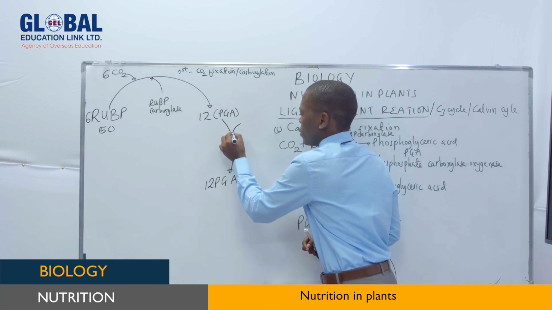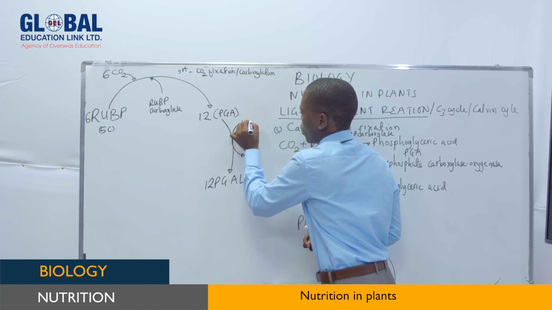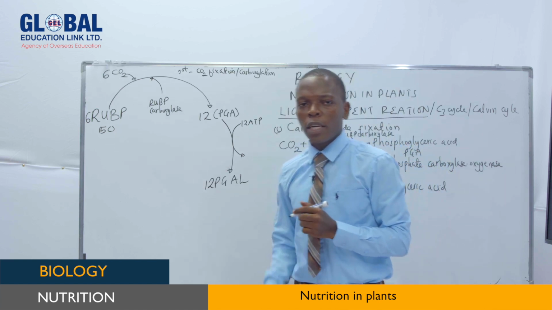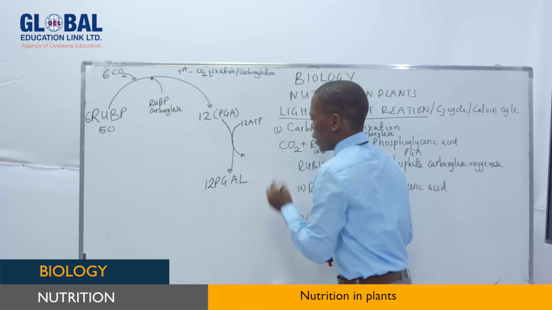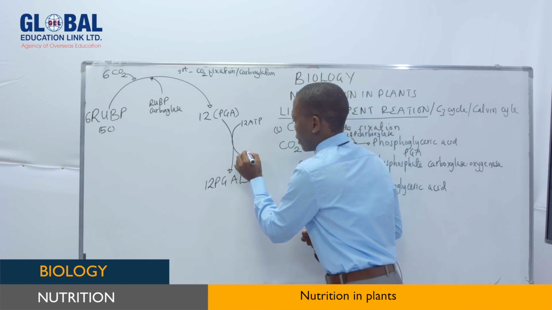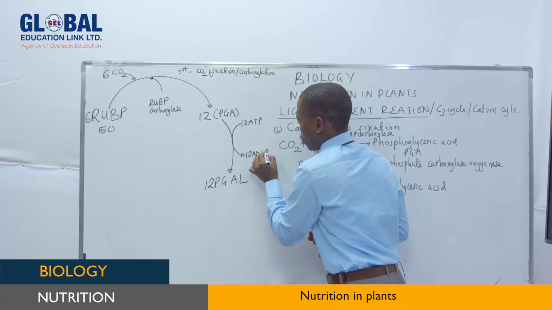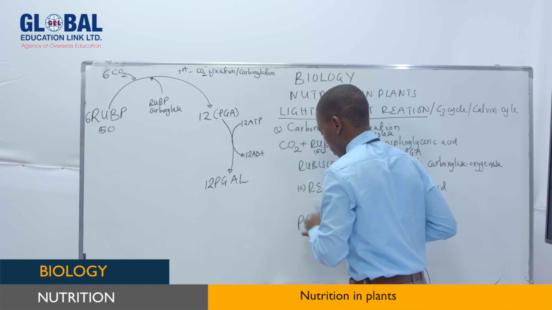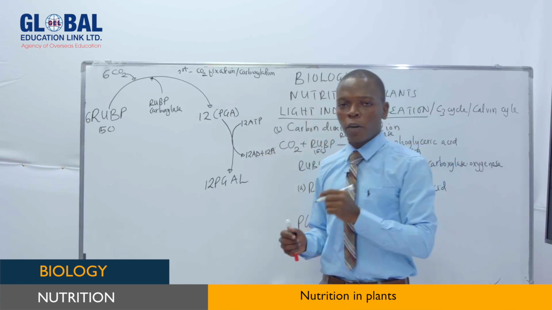As we know, when ATP is broken down, it releases energy. This energy is used for this reaction. The 12 molecules form 12 ADP plus 12 inorganic phosphate.